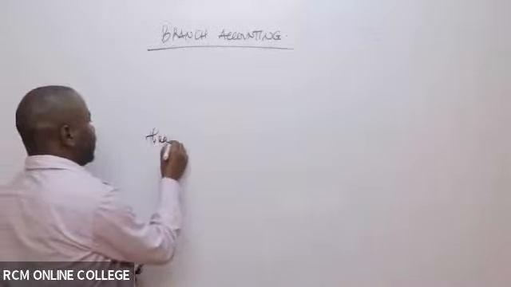For example, we can have a situation whereby goods have been sent to the branch. How do you account for this?